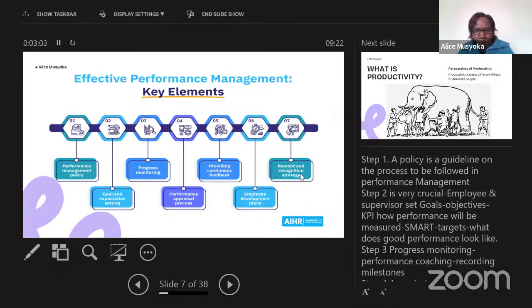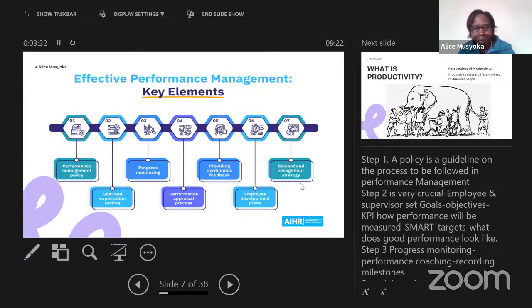Then we come to the last stage, which is reward and recognition. And we've said that what gets rewarded gets done better. So I know we have challenges around here. I don't know whether we have much time to share, because sometimes you may find that the person who performs well is not the one who is rewarded.